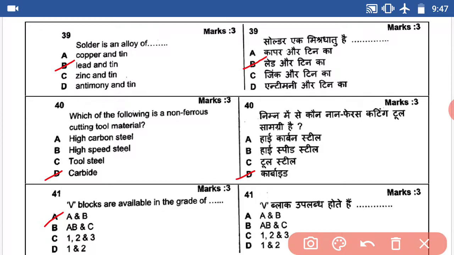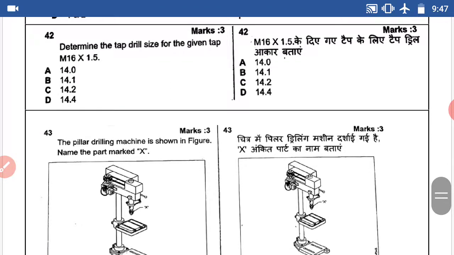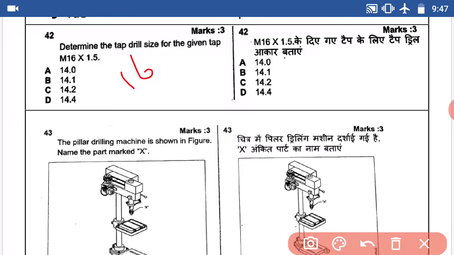Question number 42. Determine the tap drill size for the given tap, M16 multiplied by 1.5 pitch. 16 minus 1.5, answer 14.5.